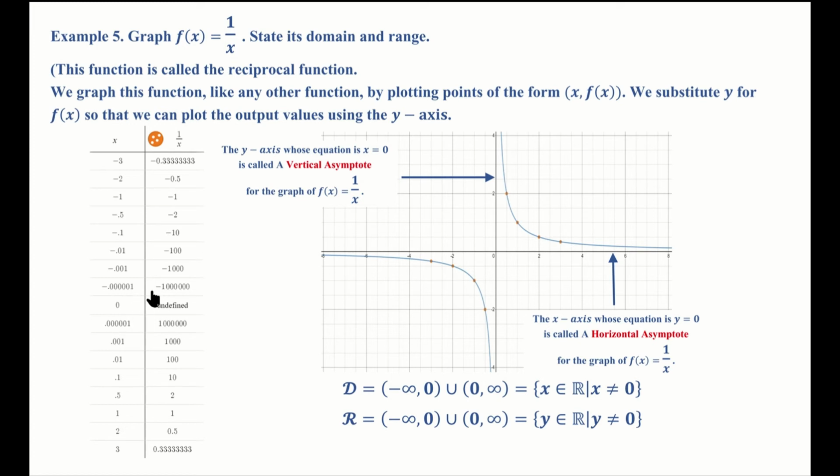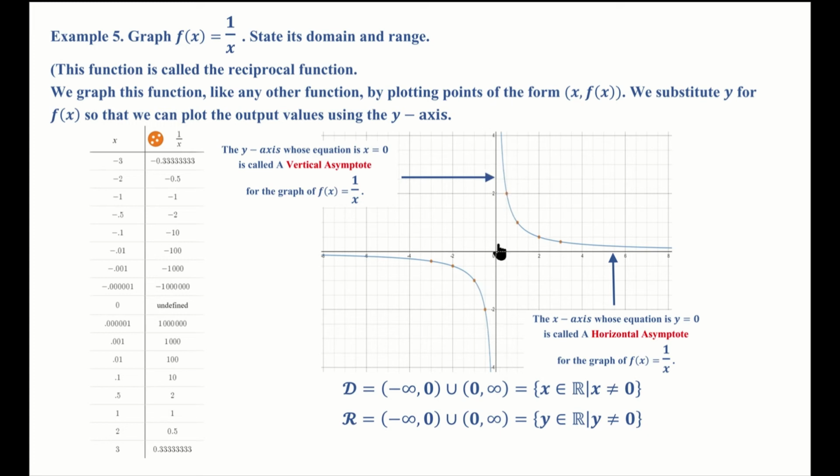Then we start making the same journey slowly away from 0 toward positive values, right? Notice everything that we had here, which was negative, will have the same values but positive. So notice, as you get closer and closer to 0 from the right side, the values of the y, or the function values, approach positive infinity.